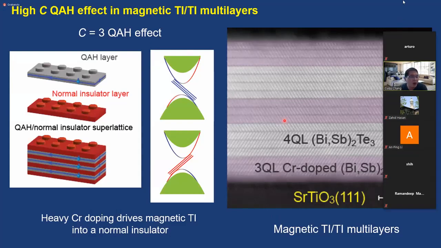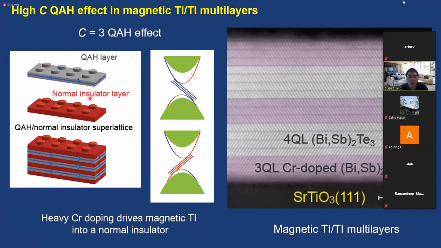Next, I will introduce how to realize the high Chern number quantum anomalous Hall effect. Here we construct high Chern number quantum anomalous Hall insulators by stacking C equals 1 quantum anomalous Hall layers and normal insulator layers. But from the MBE groups' point of view, in the past almost 8 years, it was very difficult to find normal insulator layers to connect the C equals 1 quantum anomalous Hall layers.